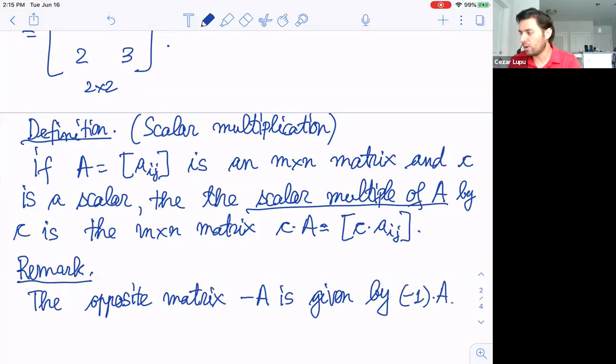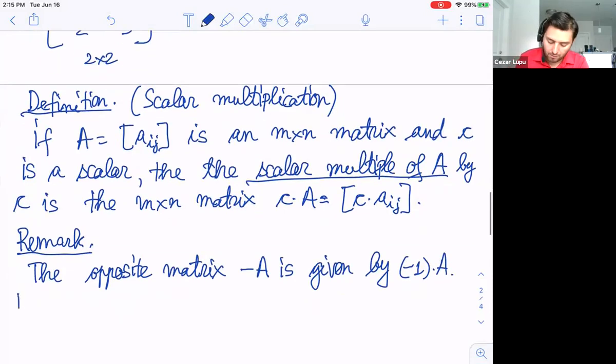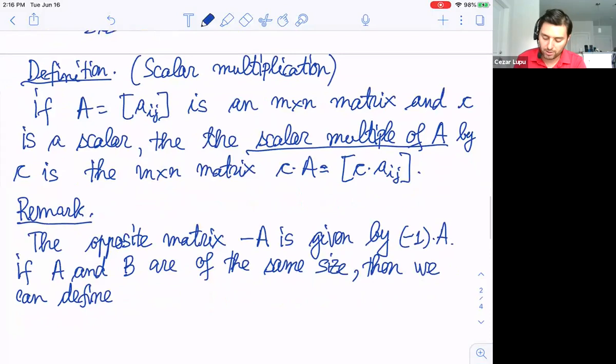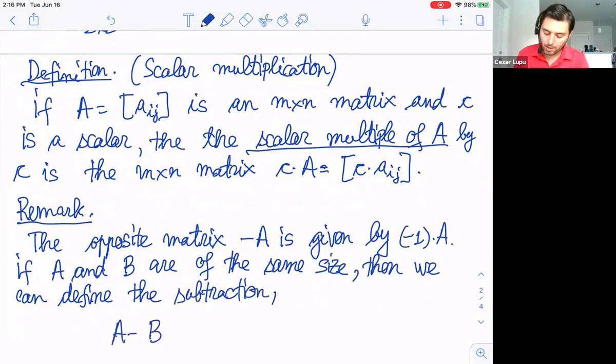And for example, in this way, if A and B are of the same size, then since I defined the opposite, we can also define the subtraction A minus B. And guess what?